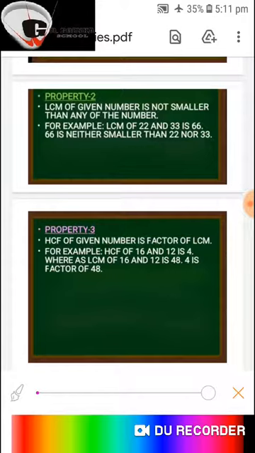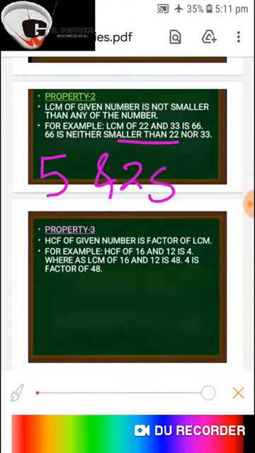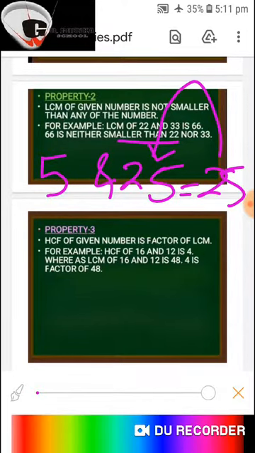For example, you can see here that the LCM of 22 and 33 is 66. And this 66 is greater than the given numbers 22 and 33. Similarly, the LCM of 5 and 25 is 25, which is equal to one of the given numbers.